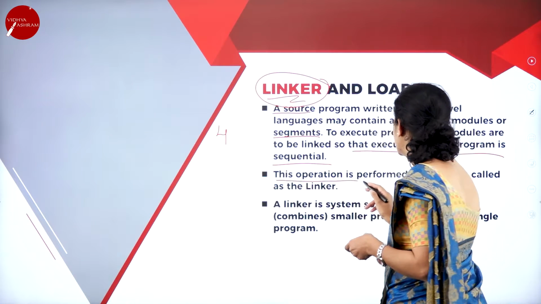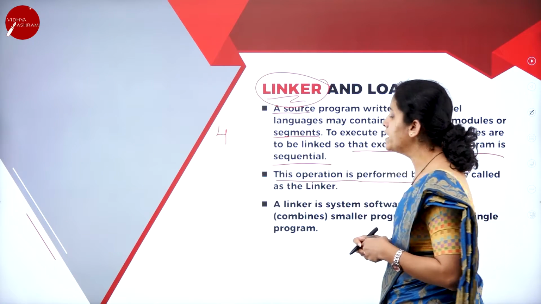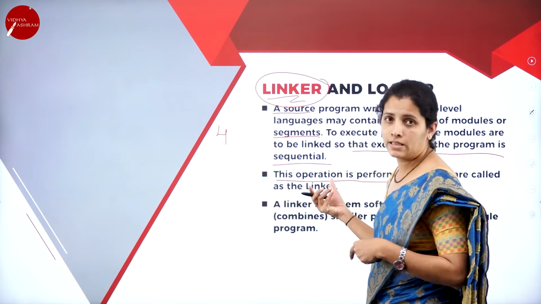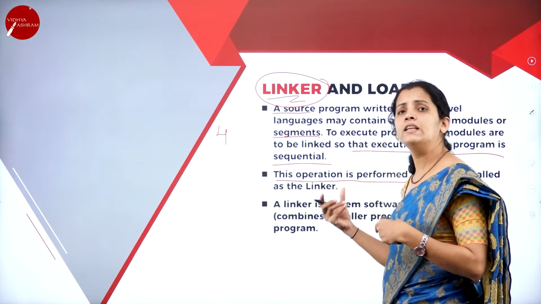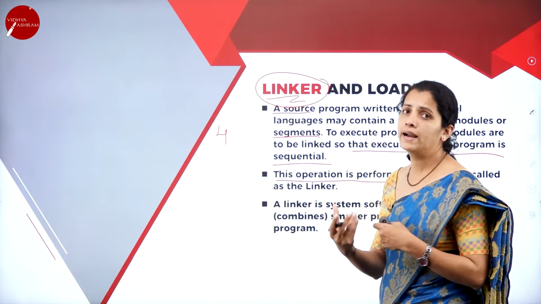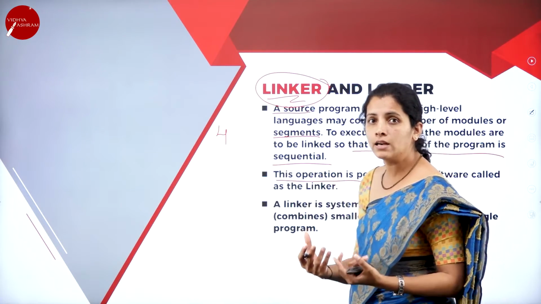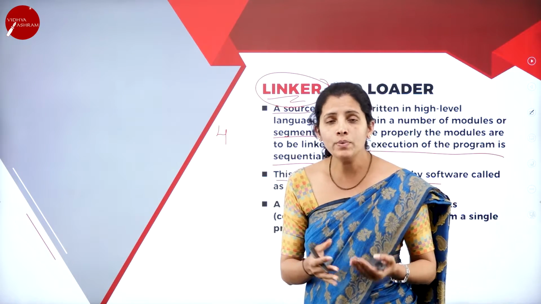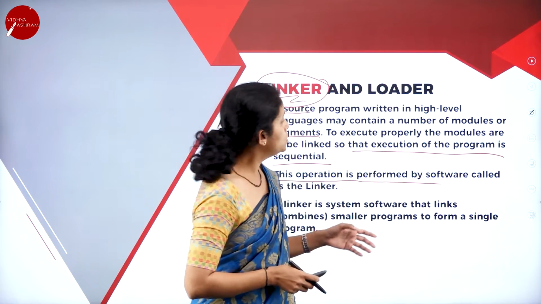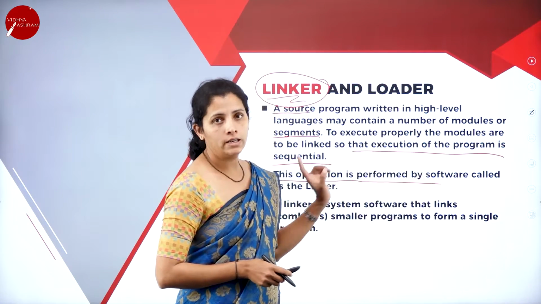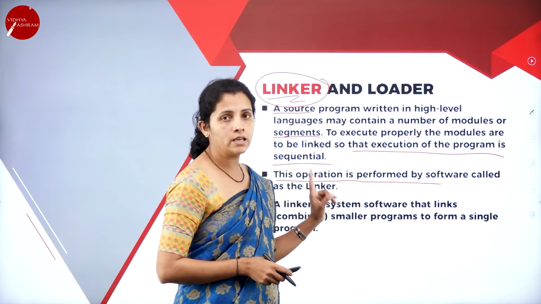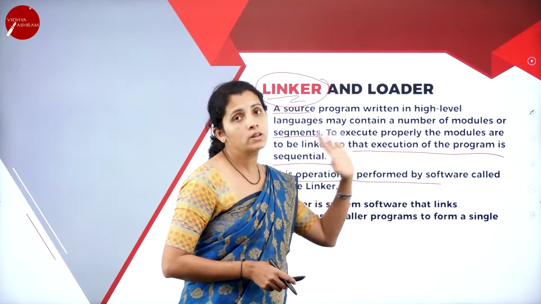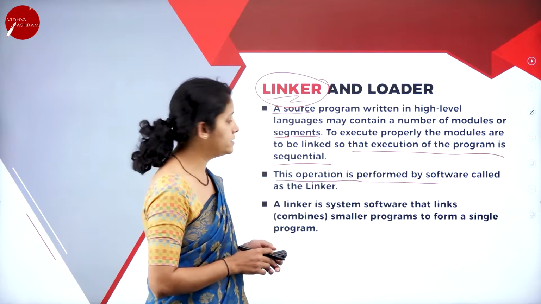This operation is performed by software called the linker. The software name itself indicates that it is mainly used to link the files. Whenever I want to link any two files together, I use the software called the linker. The job of the linker is to link two files or more than two files together.